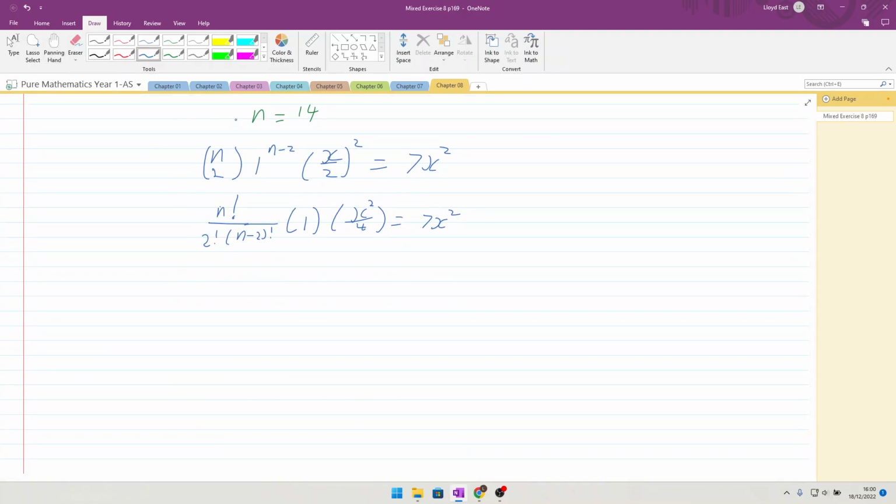What's going on with this factorial business here? Again, if we consider 4 times 3 times 2 times 1, and we are dividing it by 2 times 1 and another 2 times 1 in here, we can cross those off, and so we're going to have n times (n minus 1) all over 2, times 1 times x squared over 4 is equal to 7x squared.